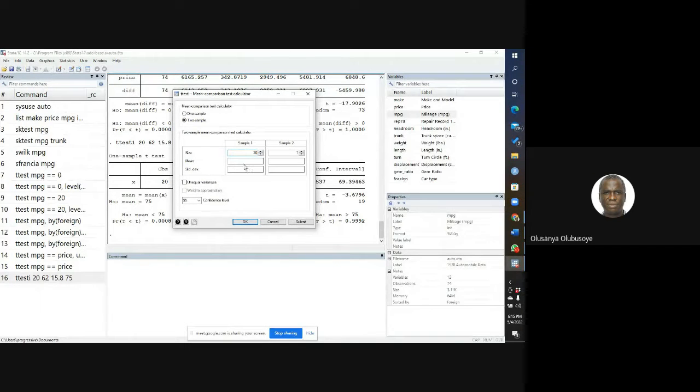So then the average of the first group is reported, maybe the average is reported as 20, and the standard deviation is reported as 5.